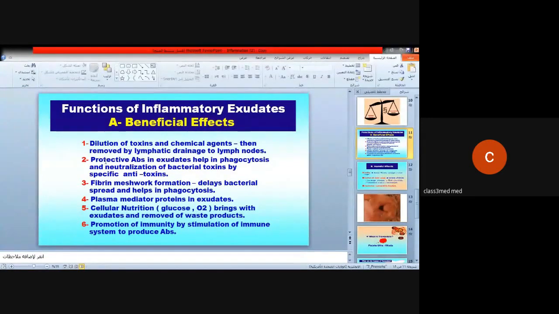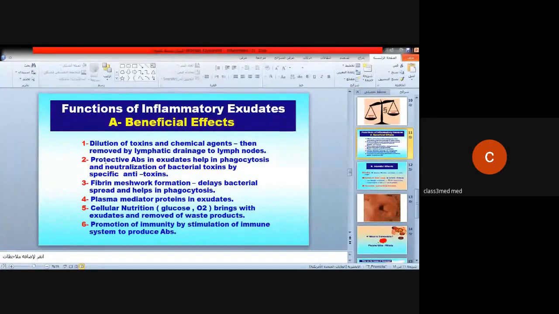Also, an inflammatory exudate contains fibrin meshwork, which delays the bacterial spread and helps in the phagocytosis.